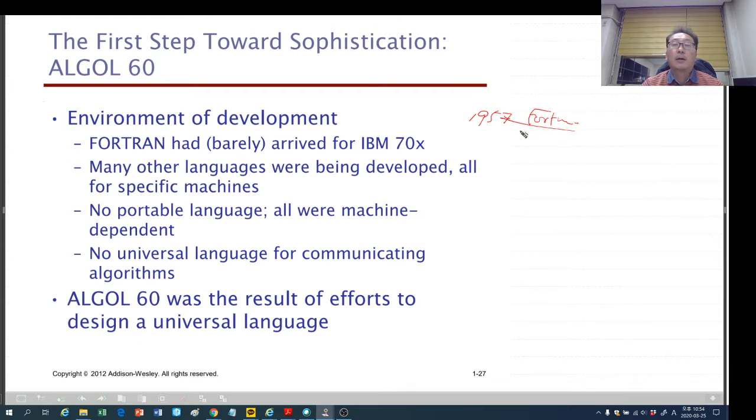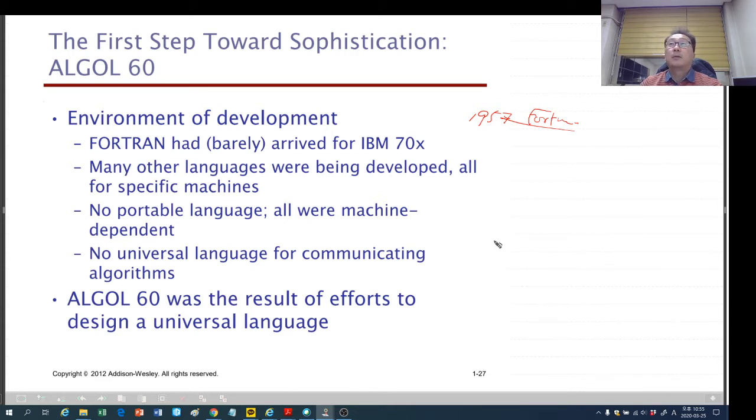So after then, many scientists and the computer companies were interested in some program language. So there were some efforts in developing a good program language. Algol 60 was the result of such efforts for a universal program language.